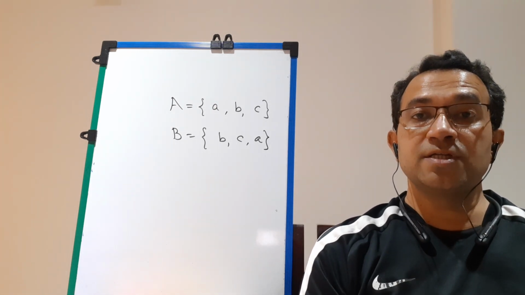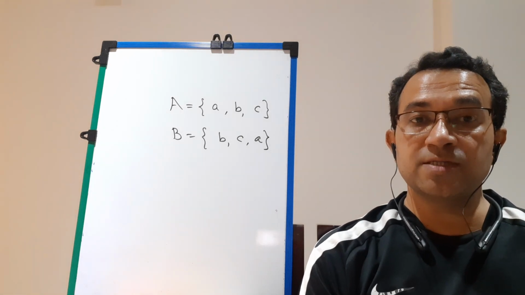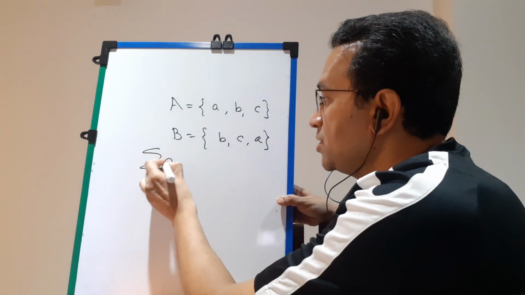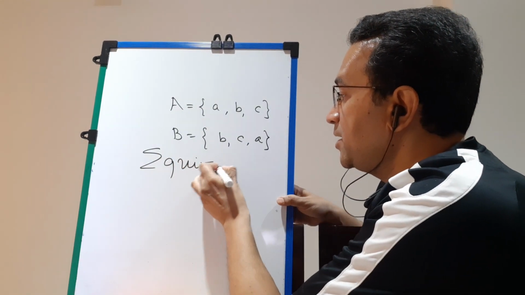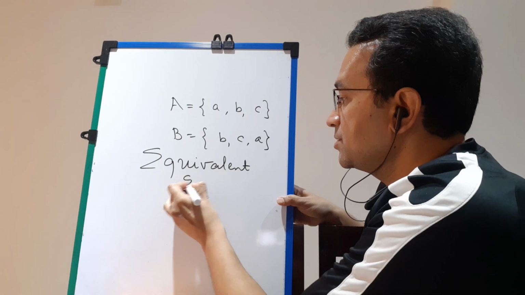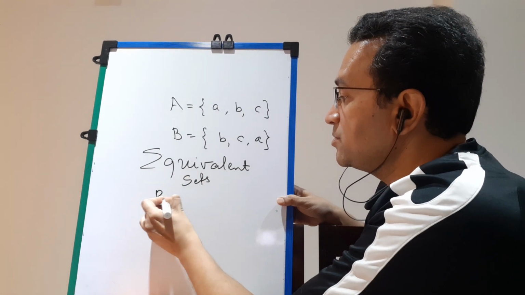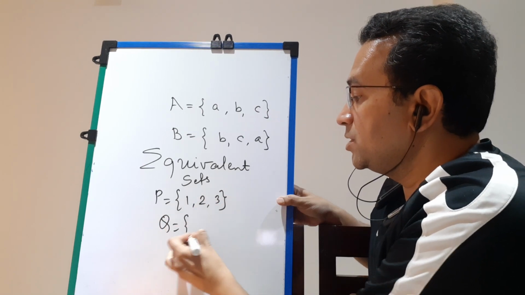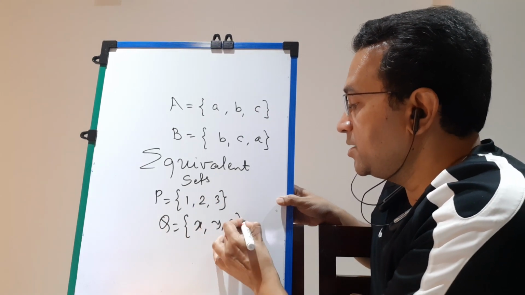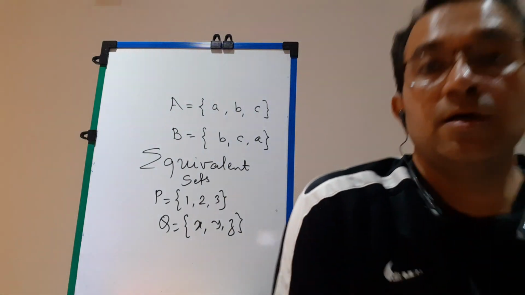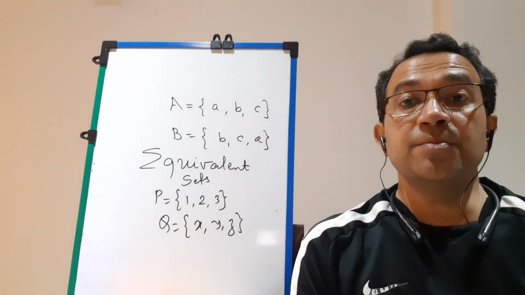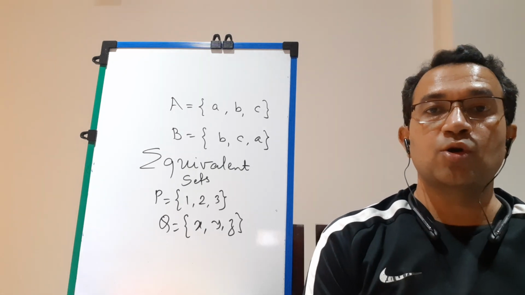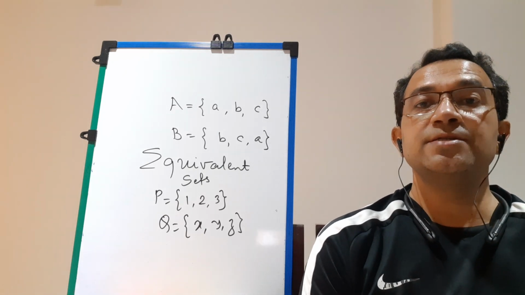Then one more definition is there, students, which is not given in our textbook: equivalent sets. Students, pay attention. Say I have two sets, P is equal to {1, 2, 3}, and Q is equal to {X, Y, Z}. Now, two sets P and Q which have the same cardinal number, meaning the same number of elements, are called equivalent sets.